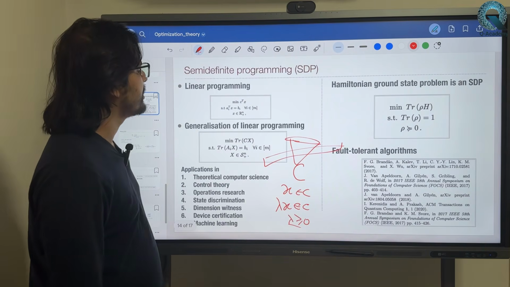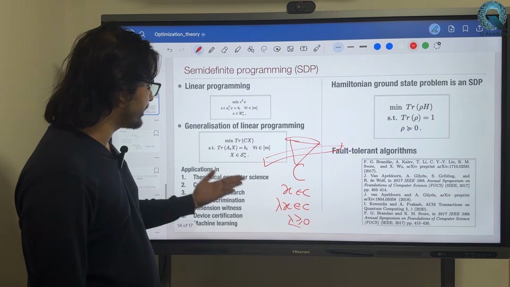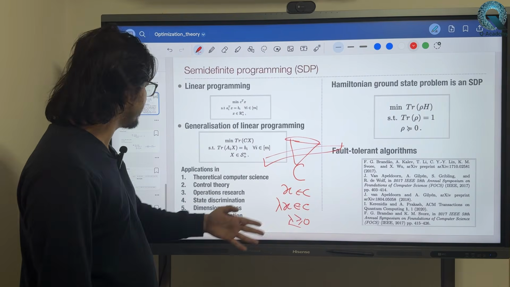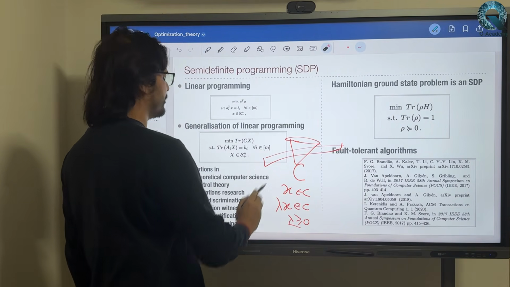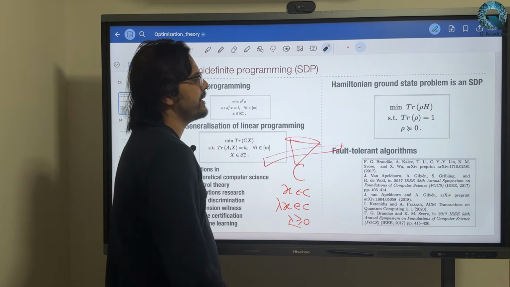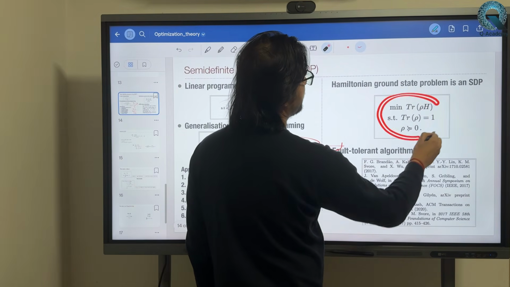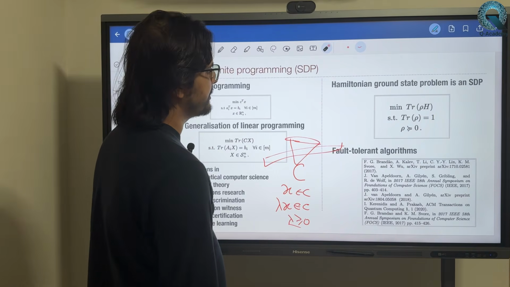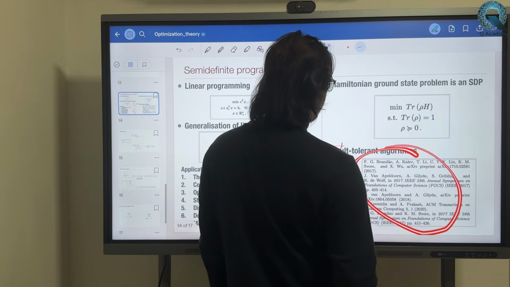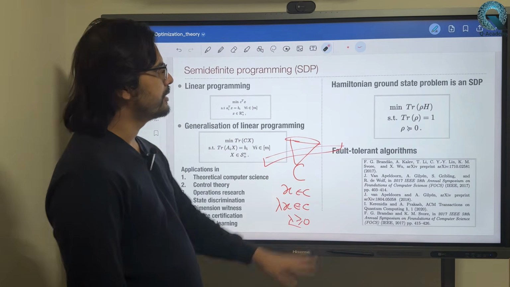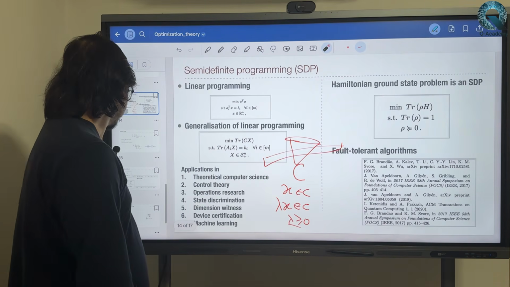Semi-definite programs have a lot of applications in theoretical computer science, control theory, operations research, and many more areas. They have been very useful. Even calculating the ground state of a Hamiltonian can be written as a semi-definite program. And there are many quantum algorithms, apart from classical algorithms, that people have developed to solve SDPs.